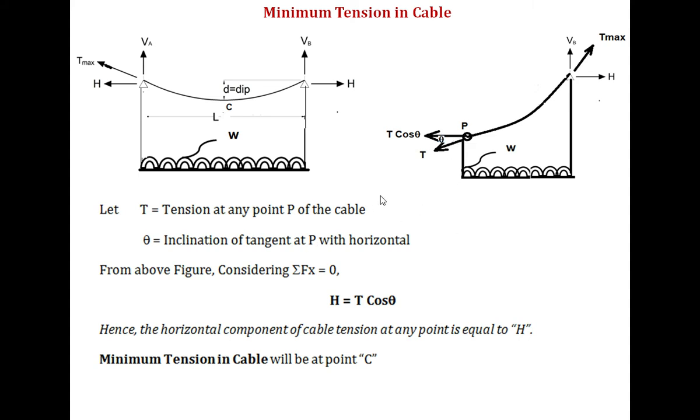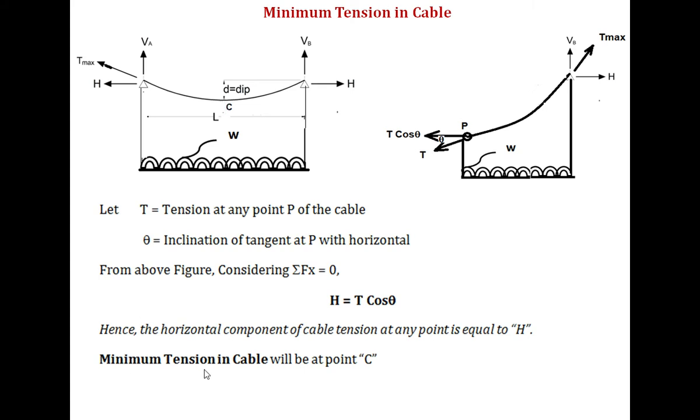Okay, so when we apply sigma Fx equal to 0, there is no horizontal force except T cos theta and H. So we must equate H equal to T cos theta, meaning the horizontal component of the cable tension at any point is equal to H. At any theta, if we take T cos theta, at any point the horizontal component of the cable tension is always H, and it is going to be minimum at the center point.